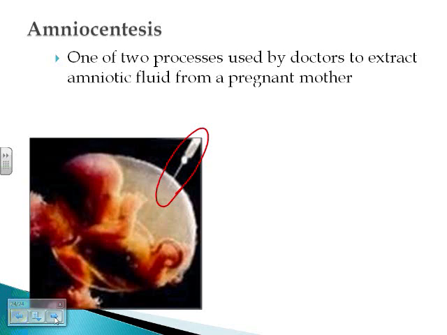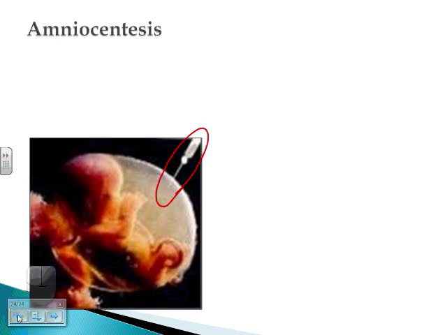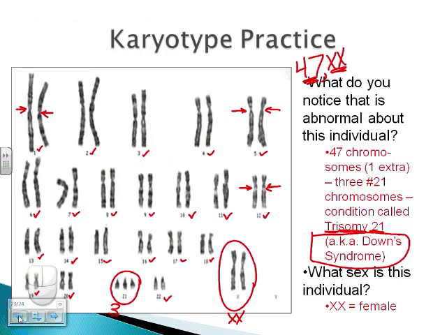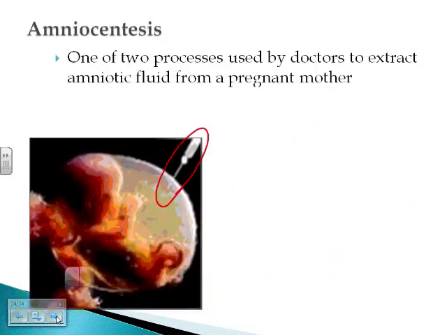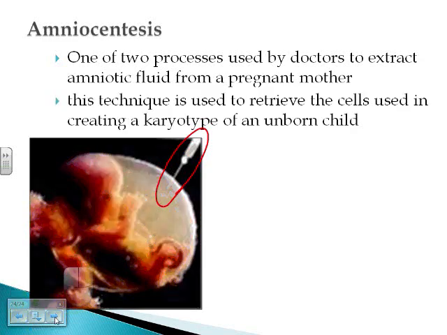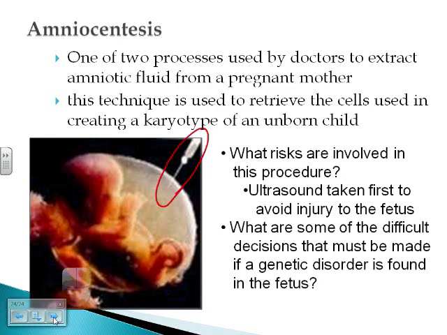And you're then able to get a cell sample. If you can get a cell sample, then you can get a DNA sample. And if you can get a DNA sample, obviously you have a picture of the chromosomes. You're going to be able to do a karyotype. You're going to be able to look at this particular karyotype and say, is everything okay with the baby? This is something that you would do, obviously, before the baby is born. So amniocentesis is what you use to create a karyotype.